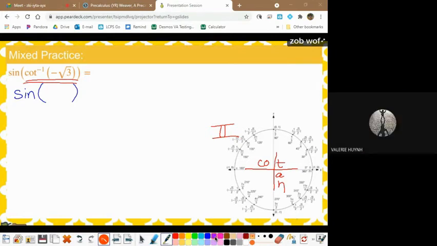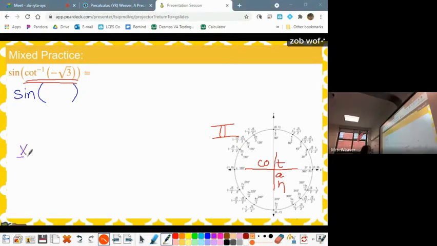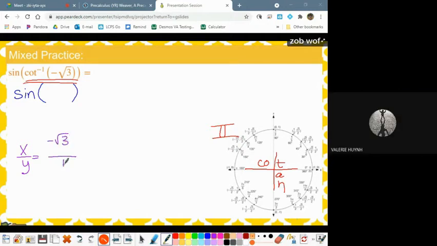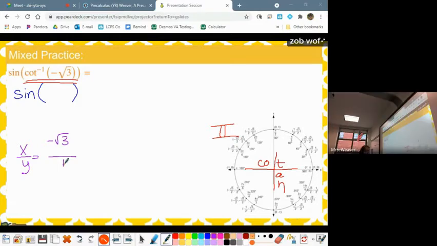Cotangent is x over y? Yes, it's x over y. So if we're trying to decompose this -√3 to be a fraction, that had to be -√3 over what? 1. Right, over 1. So right away, I know that that came from a -√3 over 1. And what do we know about those 2 denominators?